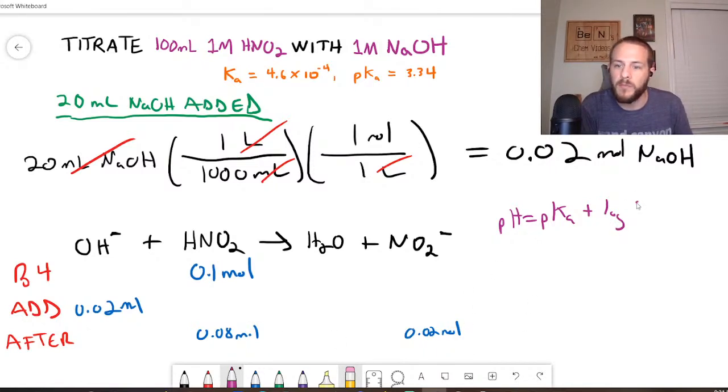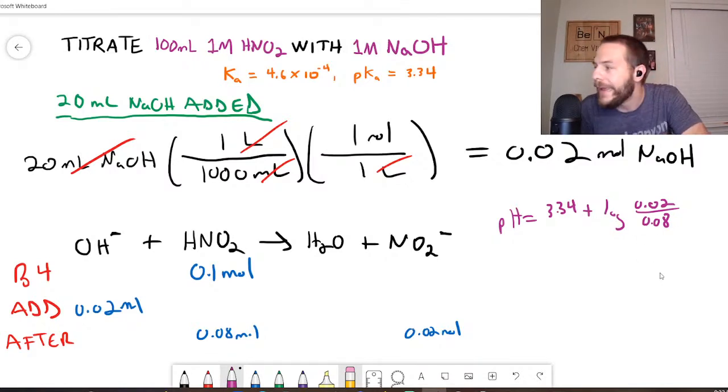In this case, we have 0.02 moles of base, 0.08 moles of acid, and for pKa, of course, that's the 3.34 that was given by the problem. So it's 3.34 plus the logarithm of 0.02 divided by 0.08. That is the mathematical expression that's going to get us to pH.